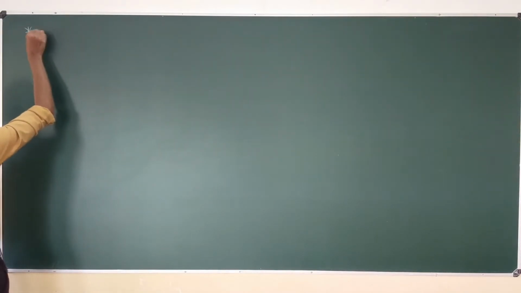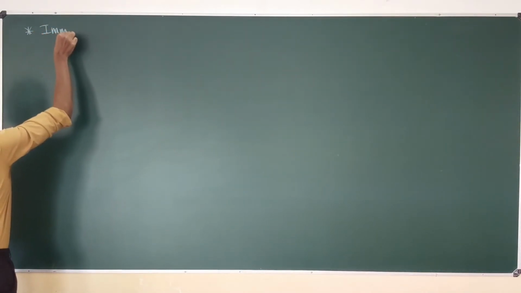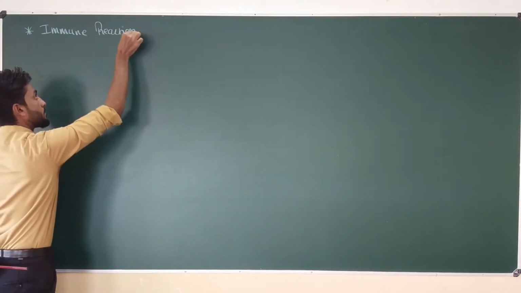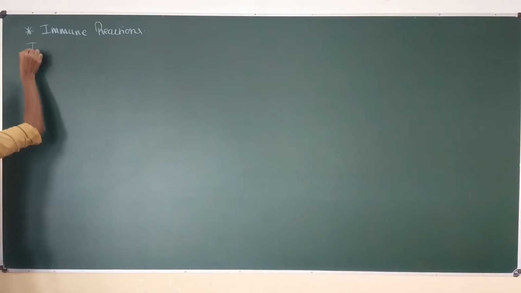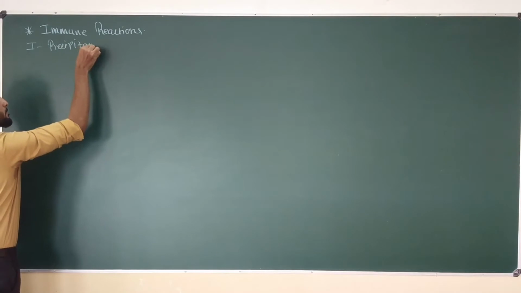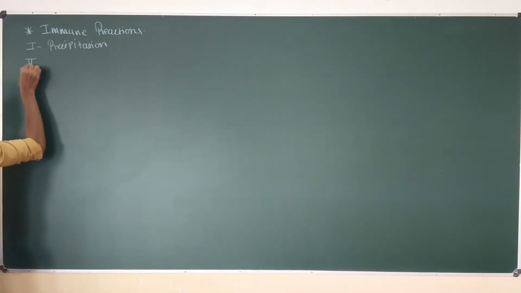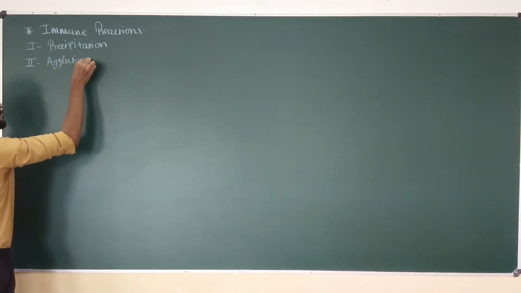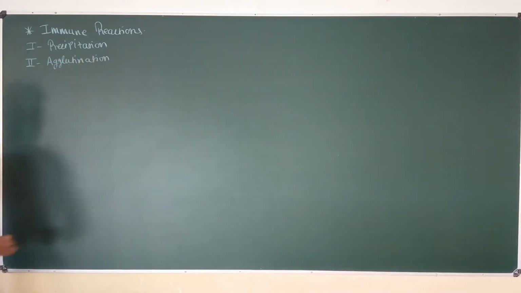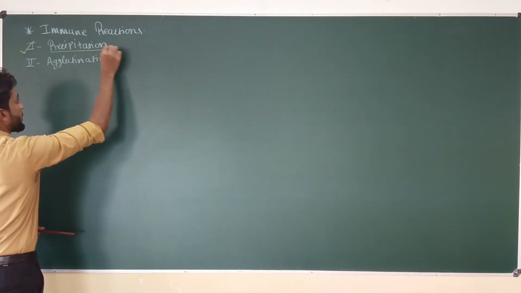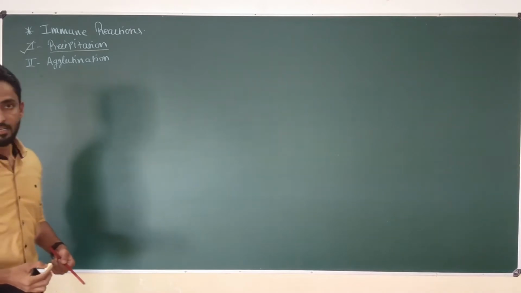So in this video, we're going to talk about immune reactions, which have two types, precipitation and agglutination. And in this video, I'm going to focus only on the first type of antigen-antibody interaction, that is precipitation.